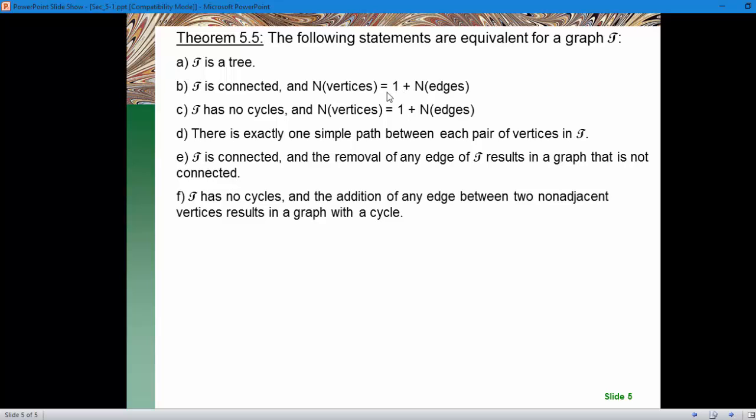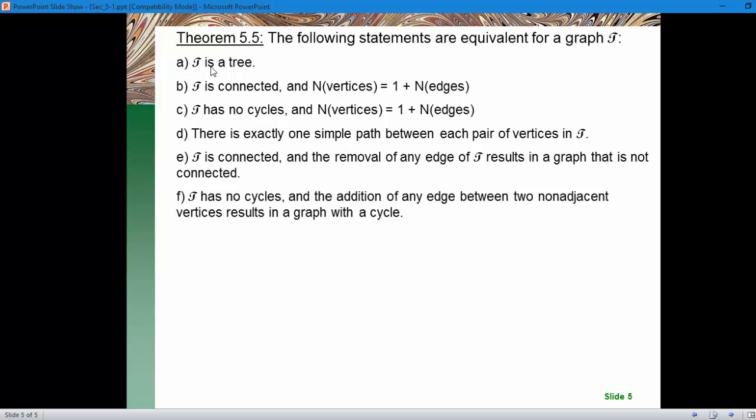It looks confusing here because it has a 1 plus. But let's say, for example, the number of edges is 10, then the number of vertices will be 11, right? So the number of vertices is always 1 more than the number of edges.